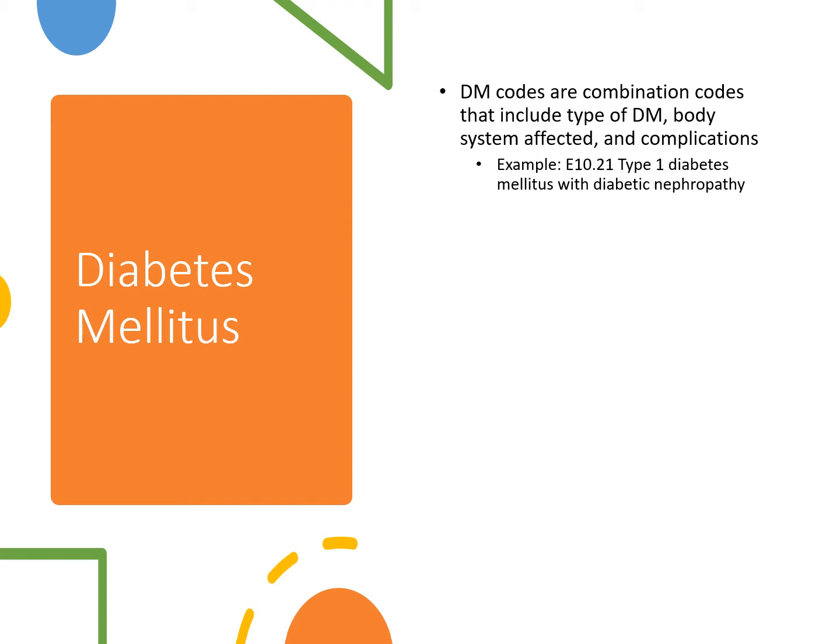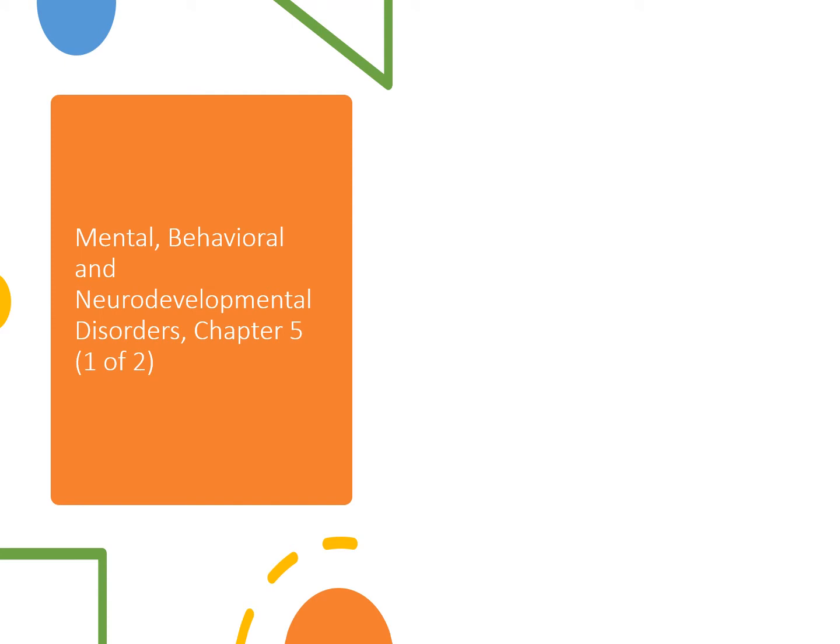For example, E10.21, type 1 diabetes mellitus with diabetic nephropathy. So this tells us the type of diabetes it is and what is going on, what's the complication. So the complication in this case is the diabetic nephropathy. If the type of diabetes is not stated, you're going to have to ask the doctor.